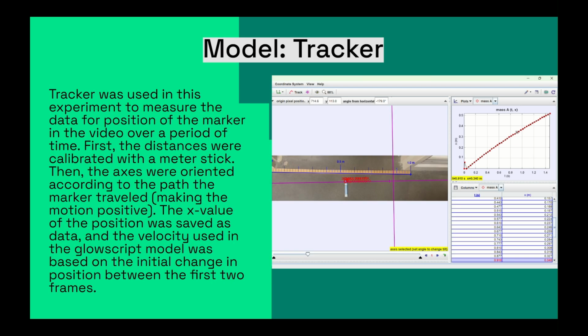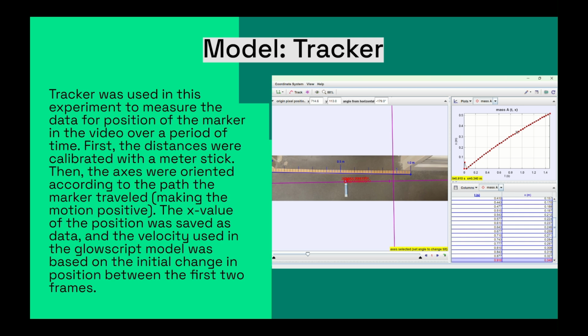Tracker was used to model the observed data by taking a video of the marker rolling, calibrating the distance with a meter stick, and organizing the axes to follow the path of the marker.